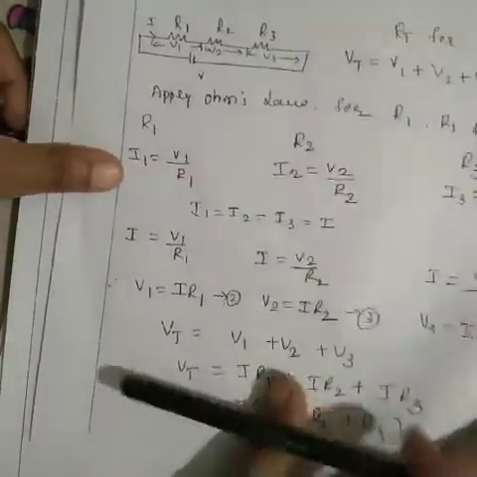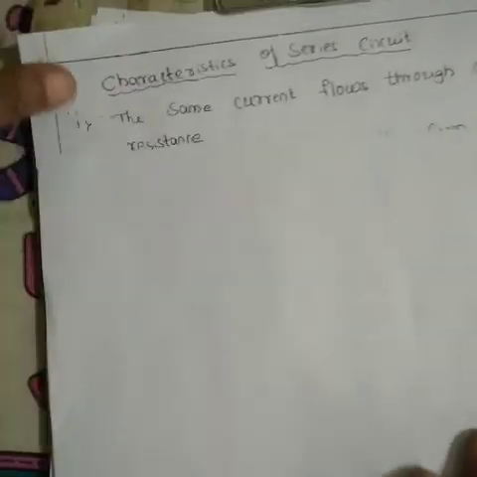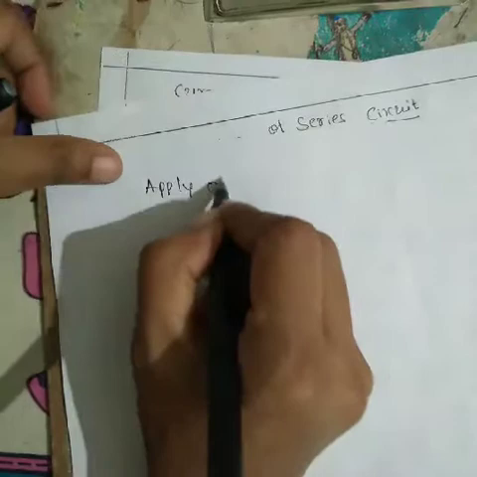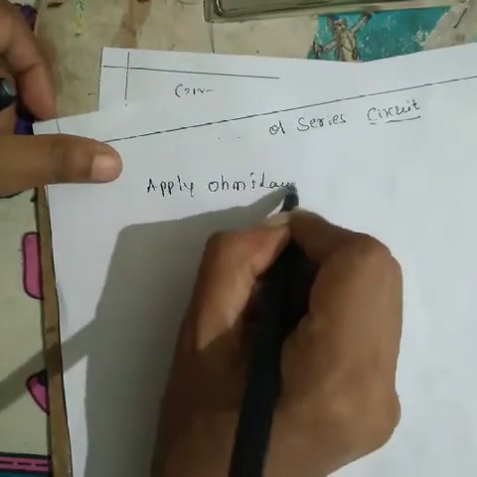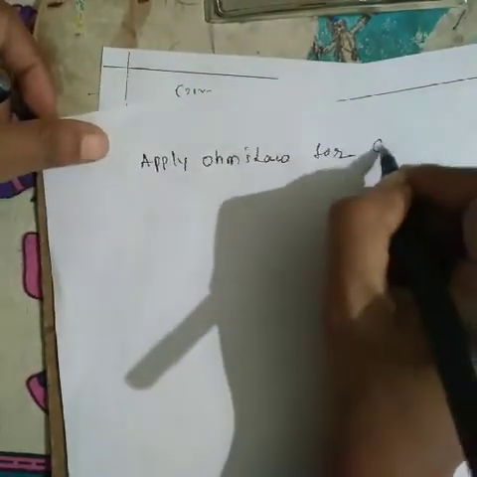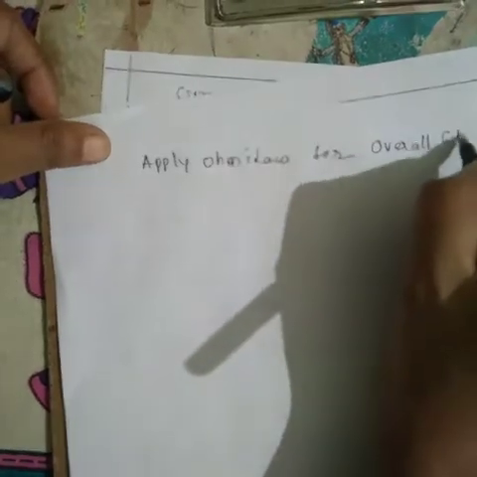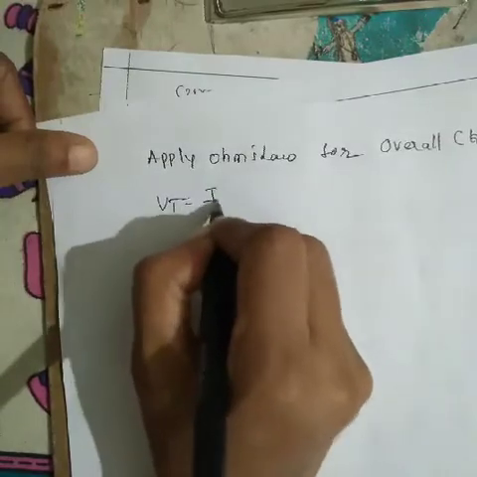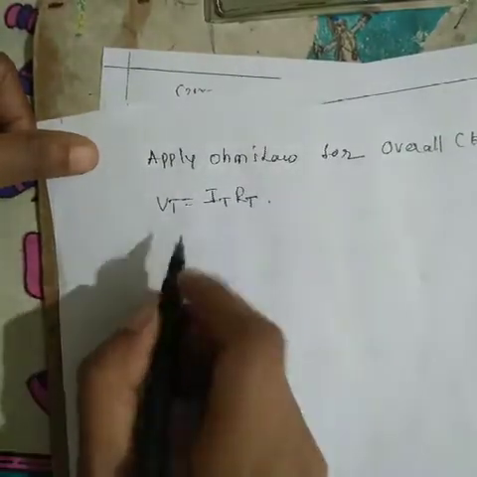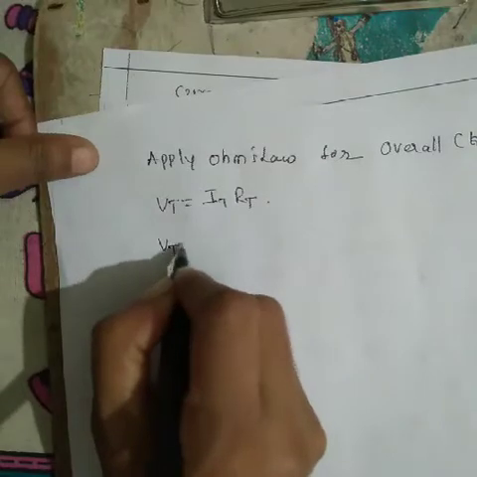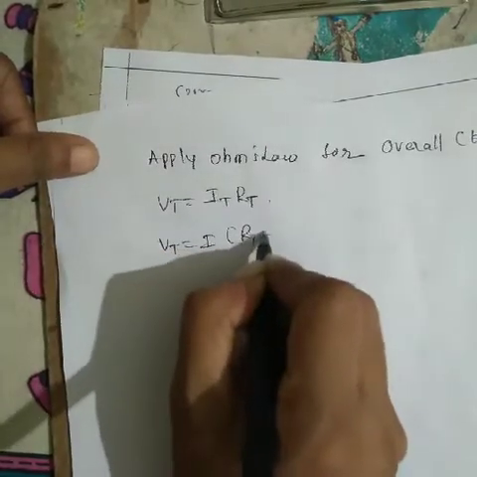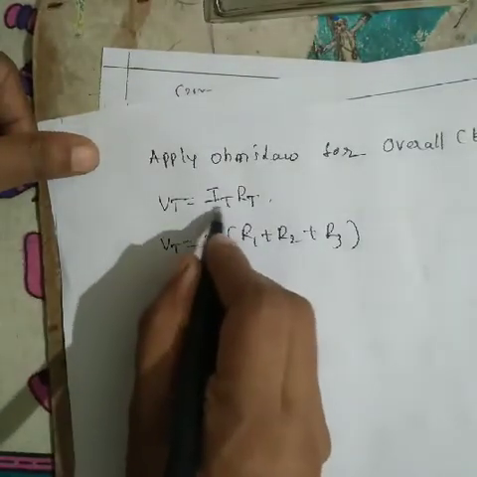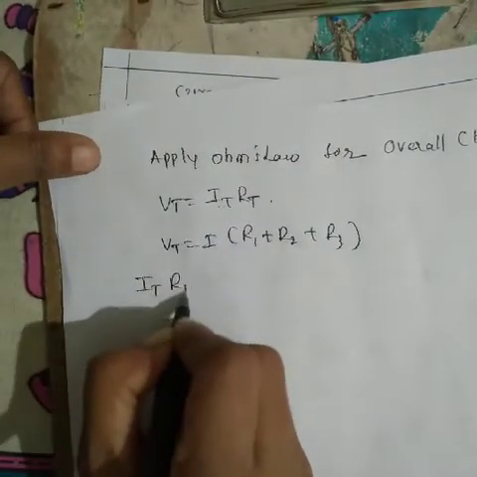Leave it. Next, apply Ohm's law for the overall circuit. That is Vt is equal to It into Rt. Therefore, Vt is equal to I into R1 plus R2 plus R3, and Vt is also It into Rt.